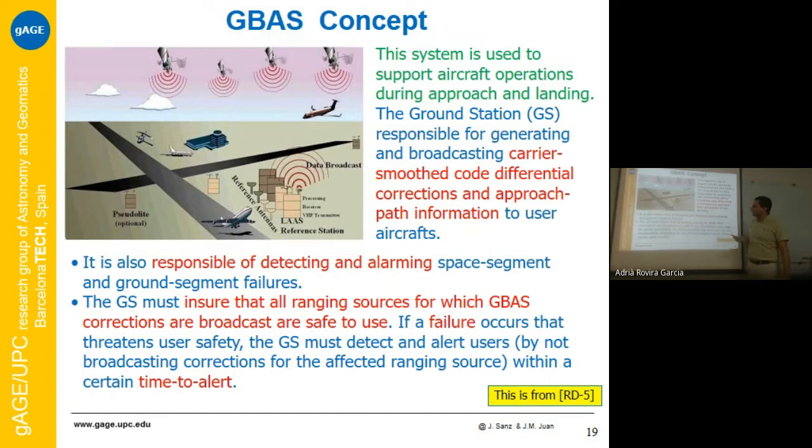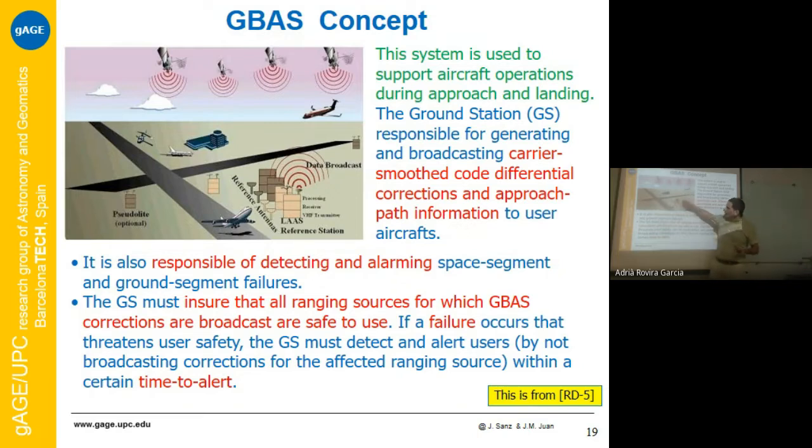By taking measurements from these antennas and receivers, we can process them, and we will see how, and we can broadcast these corrections to a nearby user, a nearby civil airplane approaching the runway.